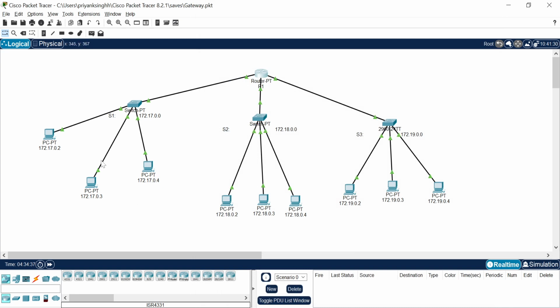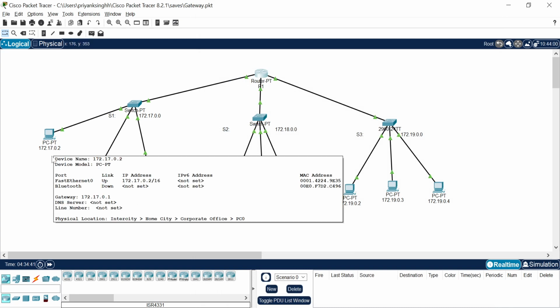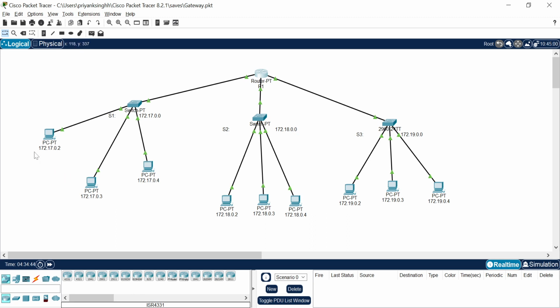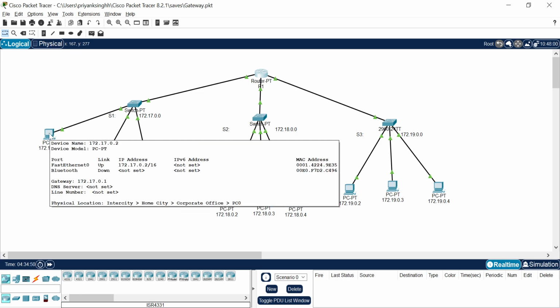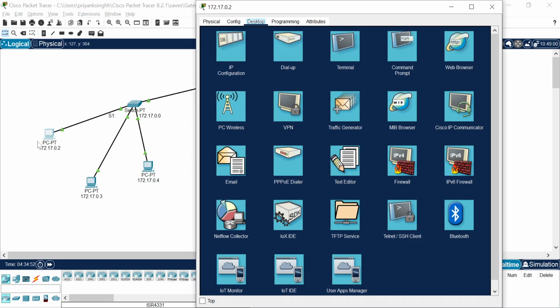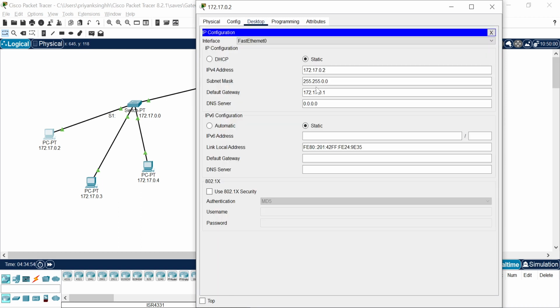Now I have to configure every PC. First of all, I have to assign an IP address of the same series as the network the PC belongs to, and enter its gateway information there. I have allocated 172.17.0.2 to this PC, and mentioned 172.17.0.1 as the gateway IP address.